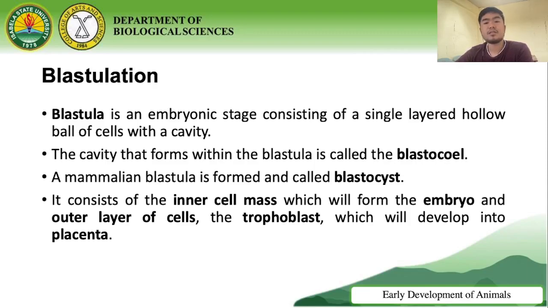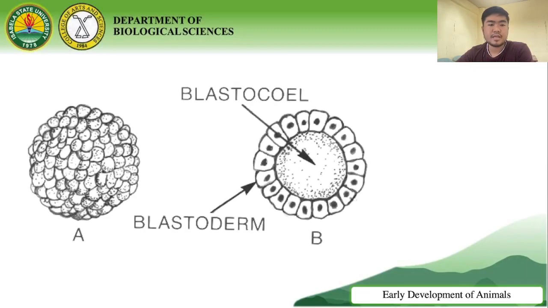And ang tawag natin sa blastula ng mammals ay blastocyst. It consists of an inner cell mass, which will form the embryo, and an outer layer of cells, the trophoblast, which will develop into the placenta. So, it is a hollow ball of cells.